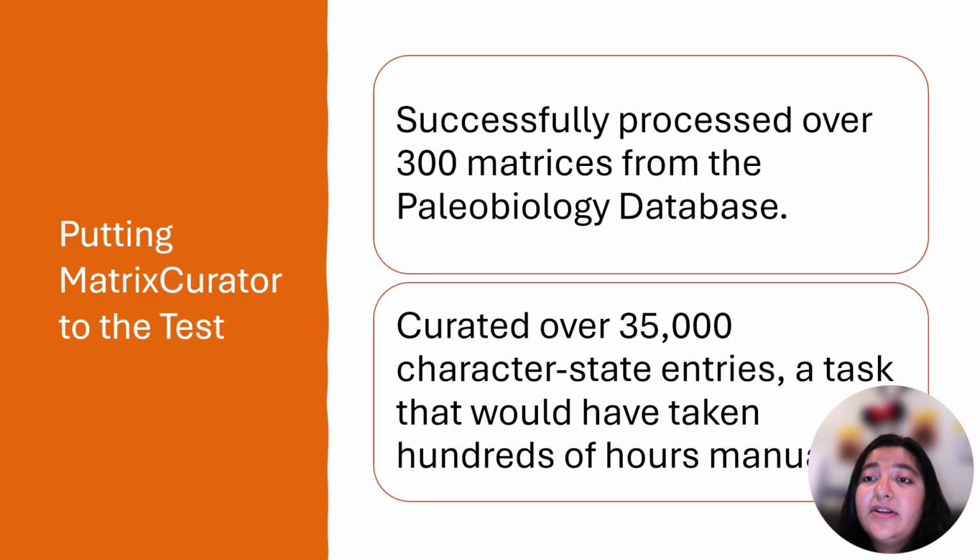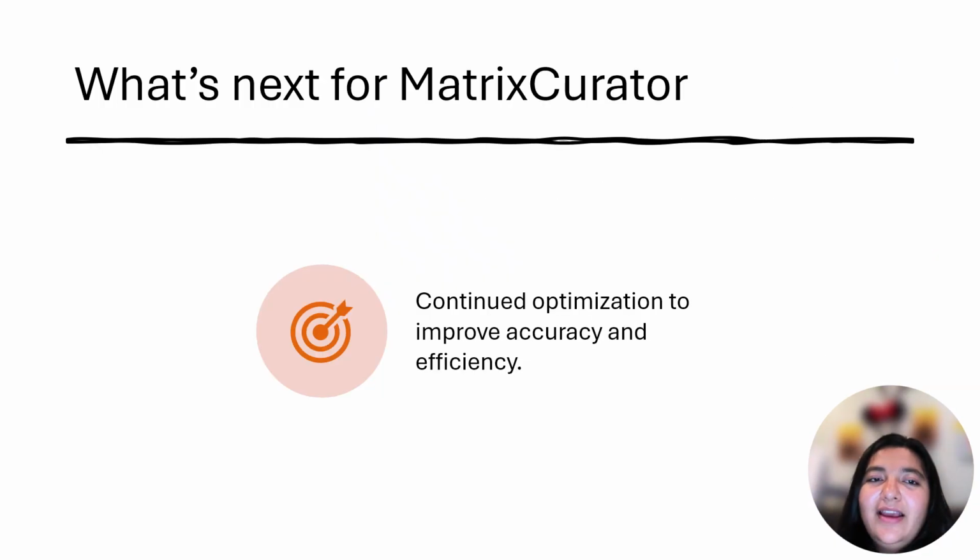35,000 characters is so many characters coming from different matrices. And to be able to condense all that time into just an AI doing it is awesome. And so what's next for Matrix Curator, I'd say, is that we continue to optimize and improve accuracy and efficiency.